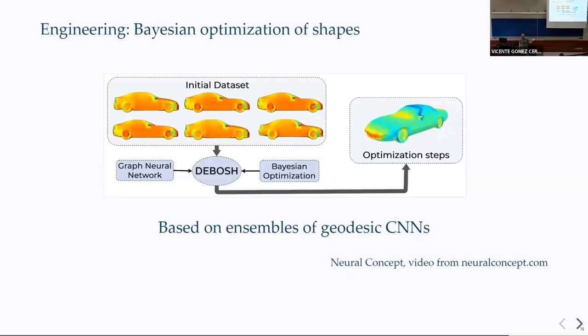And this is an example of deep ensembles of not graph, but geodesic convolutional neural networks. I'm sorry, this is another type of model in geometric deep learning. Okay, so this is an example where deep ensembles in geometric settings actually do something, right?